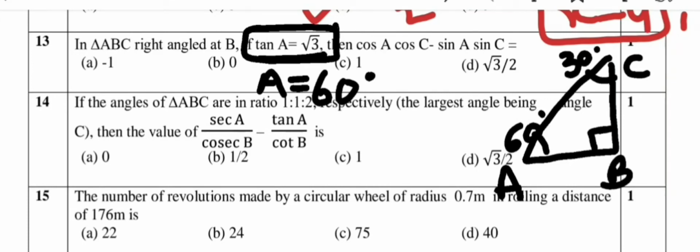This we should remember from there. Now tan A is √3, so angle A is 60 degree. Angle B is 90 degree. Using angle sum property, we can find angle C will be 30 degree.